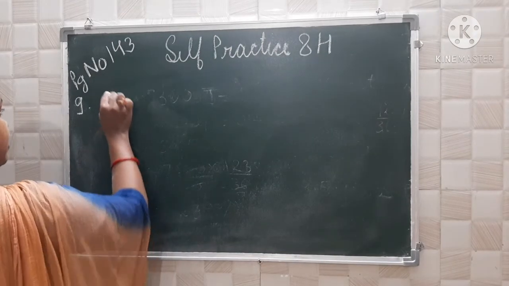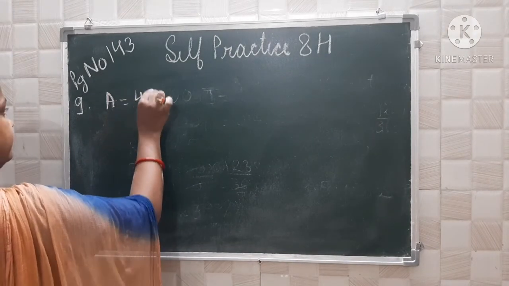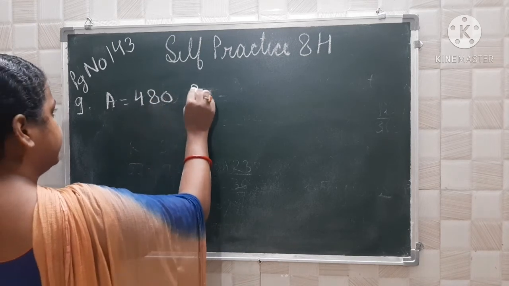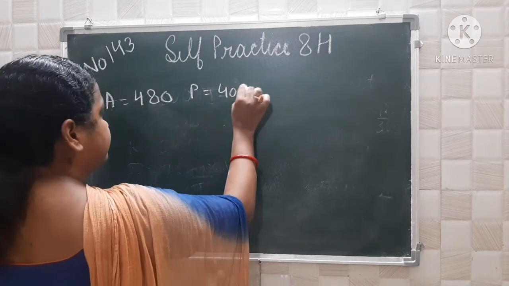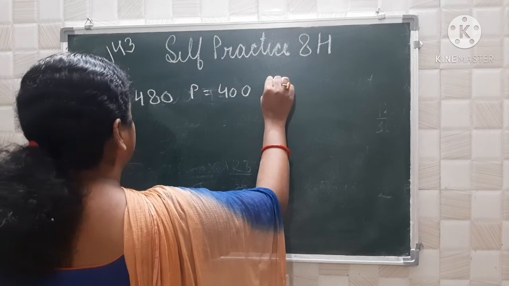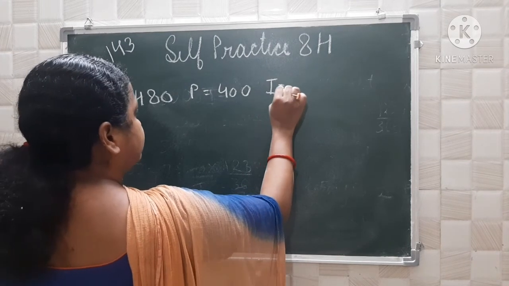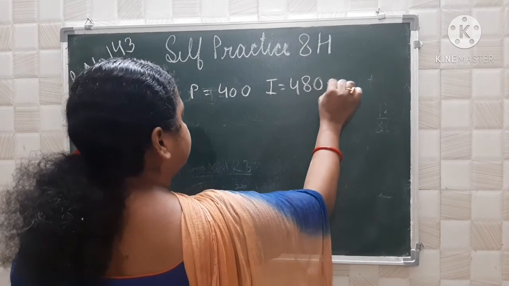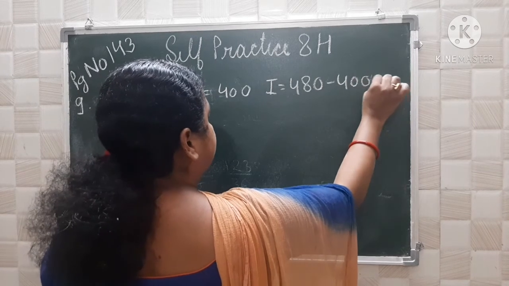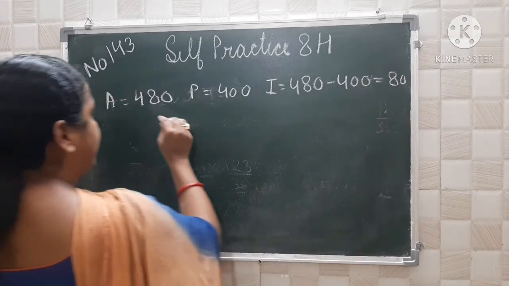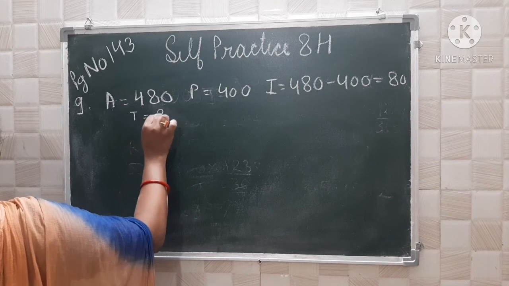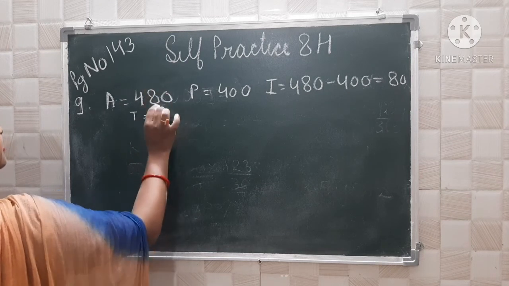The amount is 480 and principal is 400. What is I? 480 minus 400, that is 80 rupees. What is time here given? 4 years.